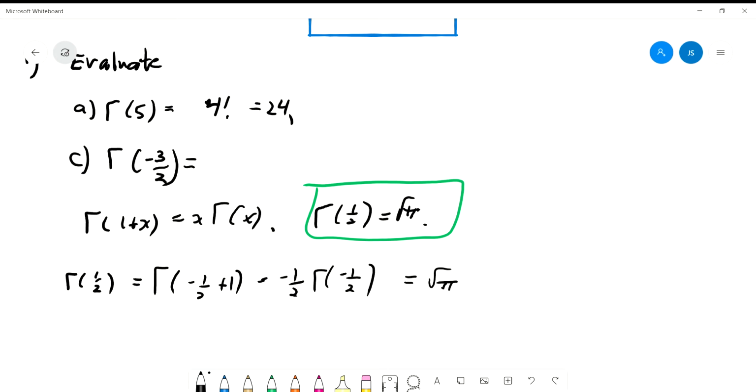So we multiply both sides by -2, and we get gamma of negative 1/2 equals -2 square root of pi. And we did that once, we can do it again.